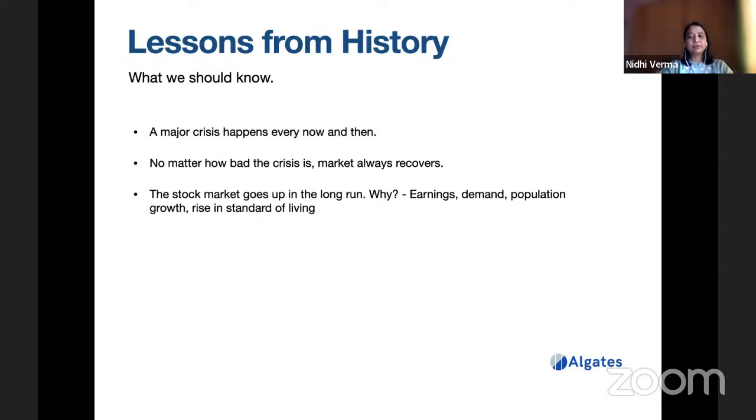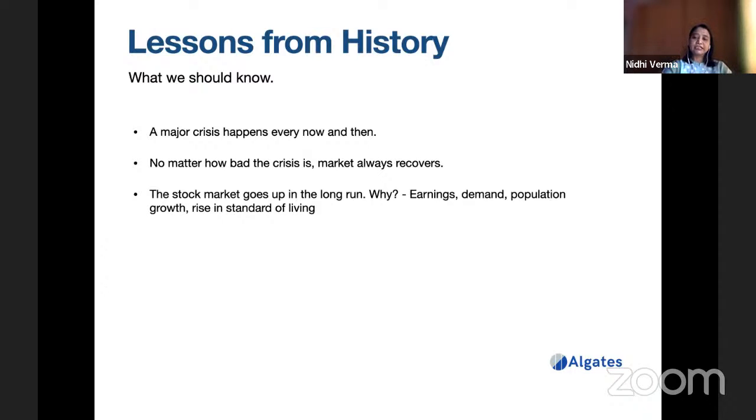So why is it happening? There are a lot of reasons. The price of any stock depends on, of course, the expected future earnings. So we see the increase over time, the earnings of good companies, nicely managed companies always grow.